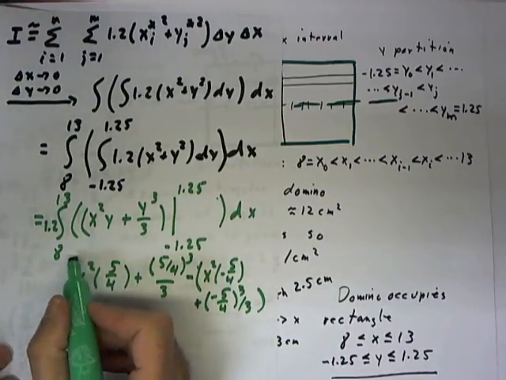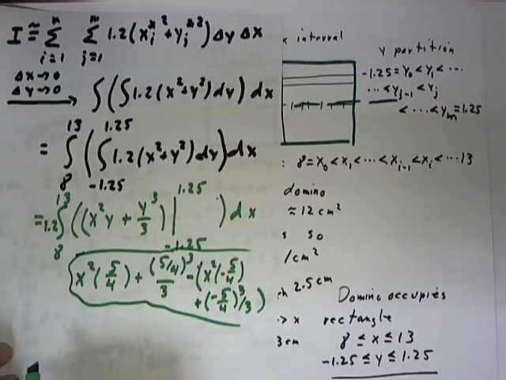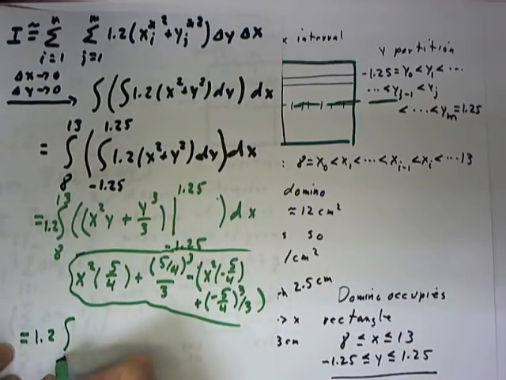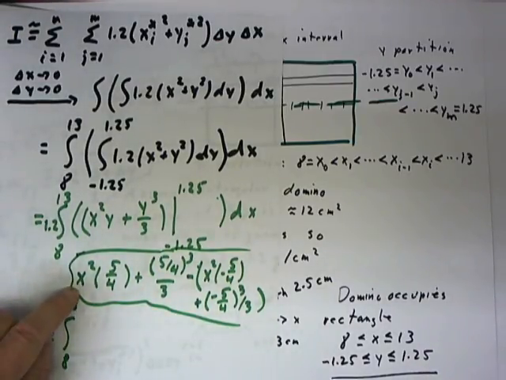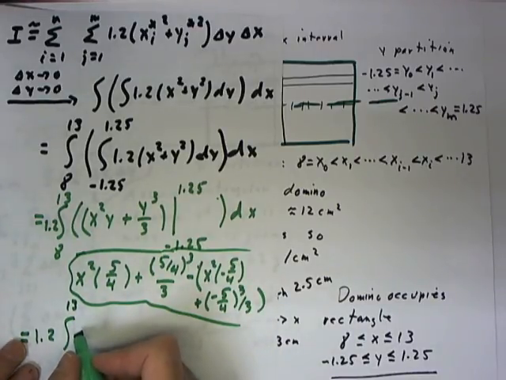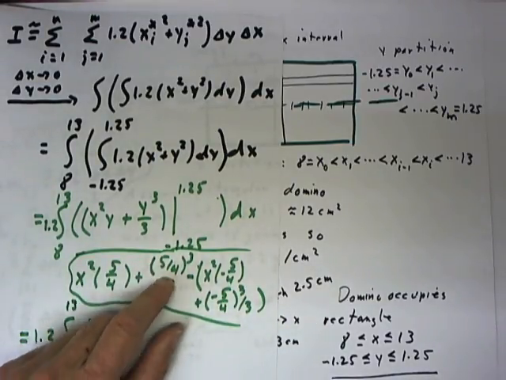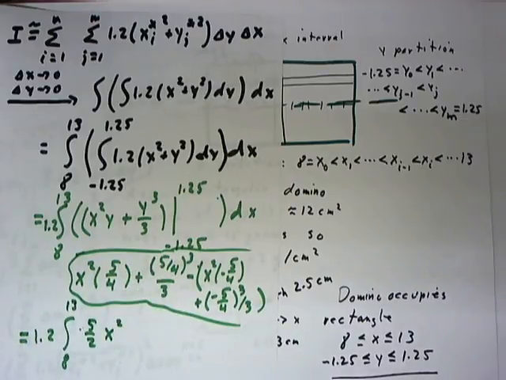Let's circle this as a side calculation. Then our integral is 1.2 times the integral from 8 to 13 of x squared times 5/4 minus x squared times negative 5/4. That's 2x squared times 5/4, which is 5/2 x squared. 5/4 cubed is 125/64.